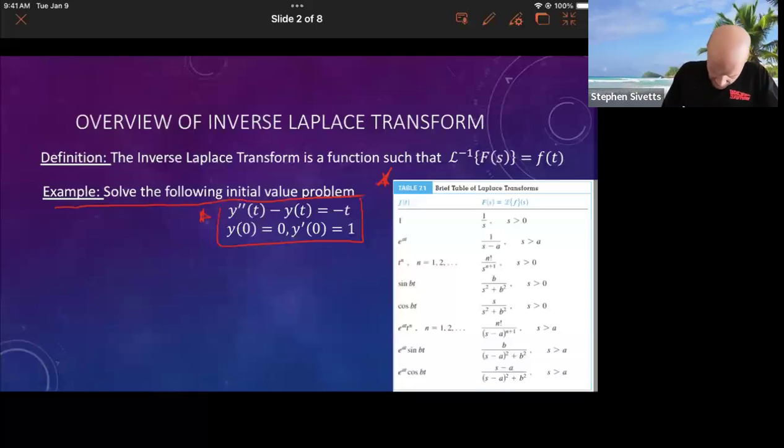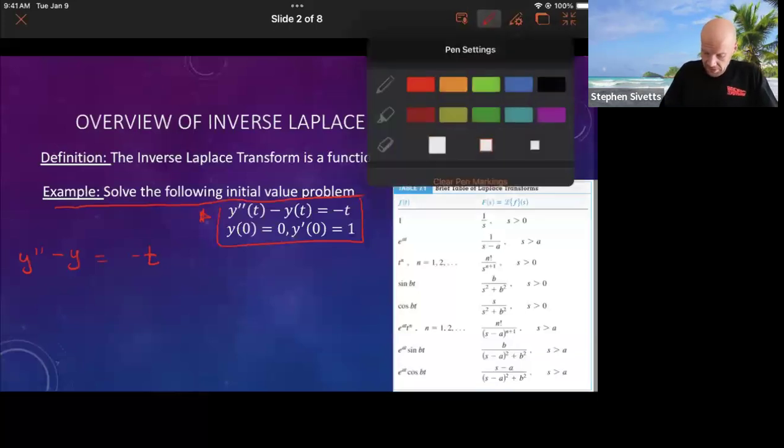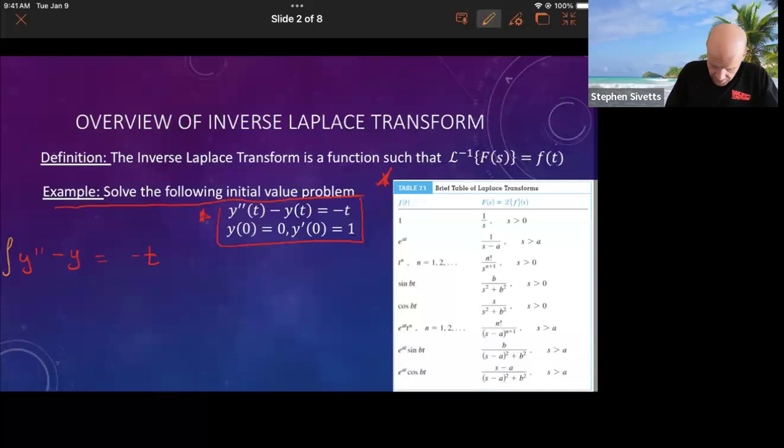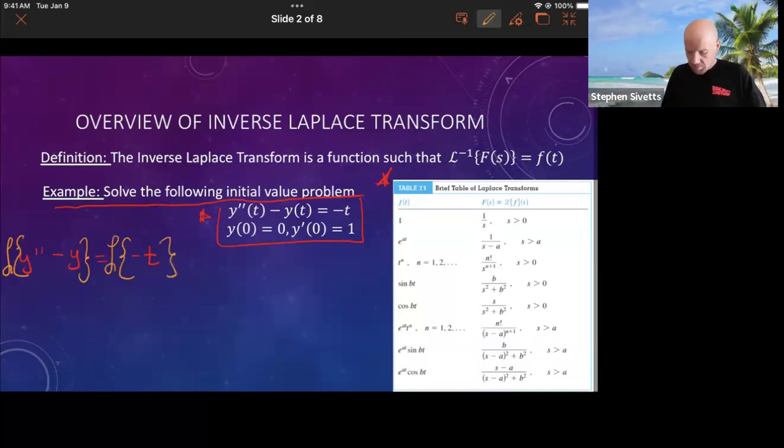Okay, so we have the differential equation y double prime minus y equals negative t. So what we're going to do here is apply the Laplace transform first to both sides.